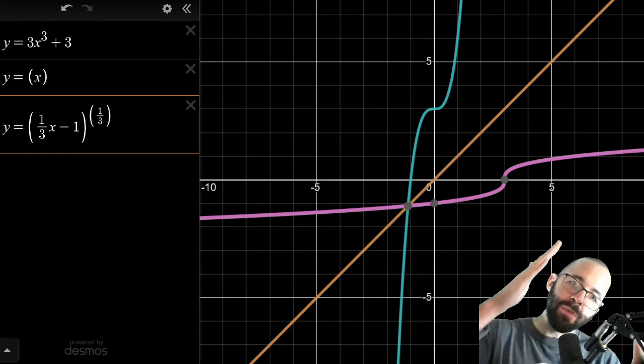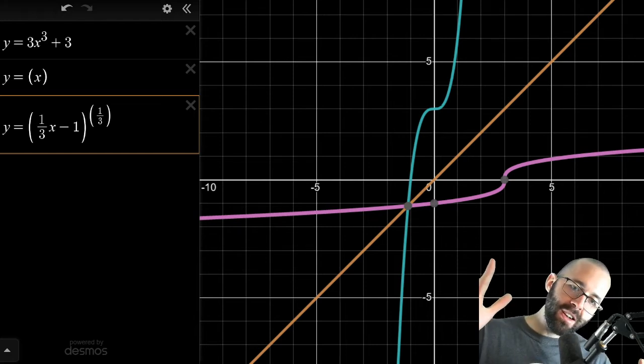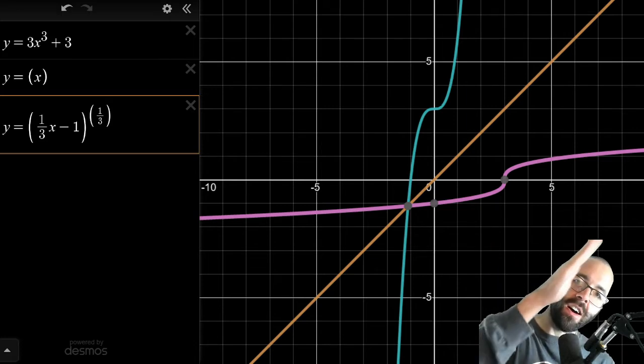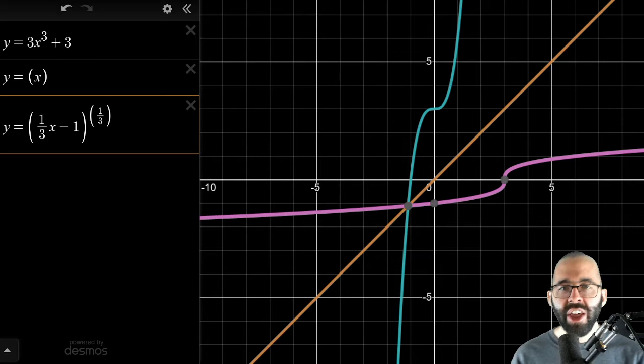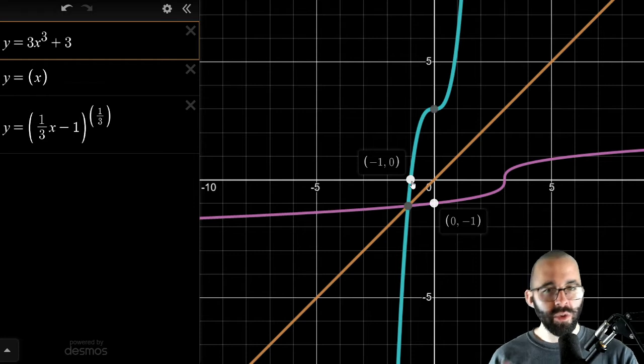But notice, right? The blue graph is symmetric to the pink graph on that diagonal line. That is what inverses look like graphically, which is really cool. And again, we can also think of inverse functions as switching x's and y's. This point on the main graph, if you switch that x value and the y value, is this point.